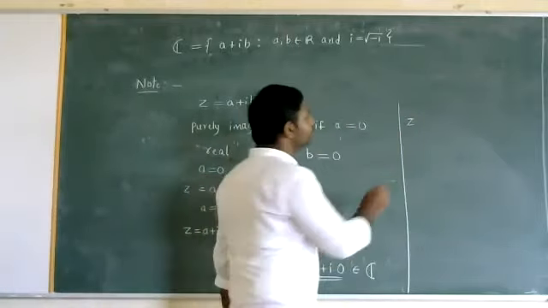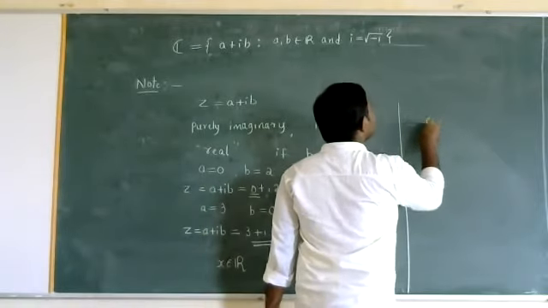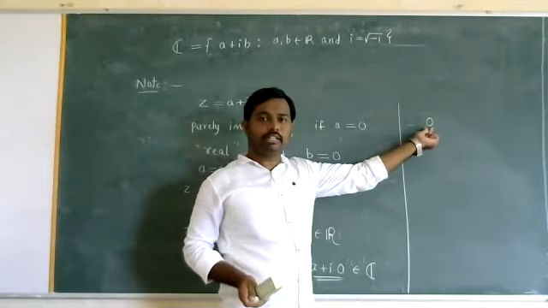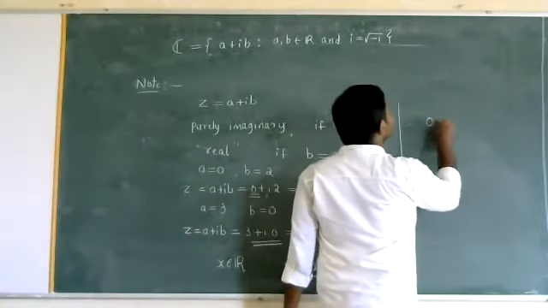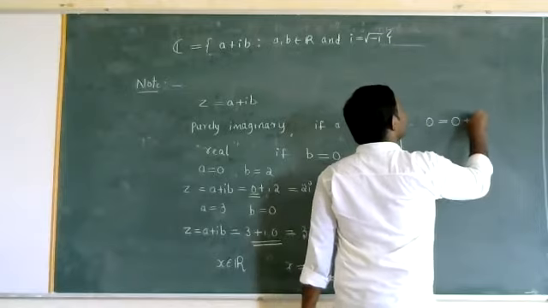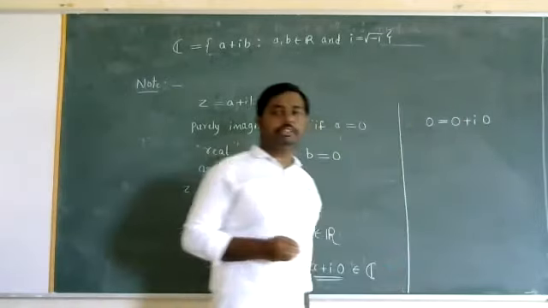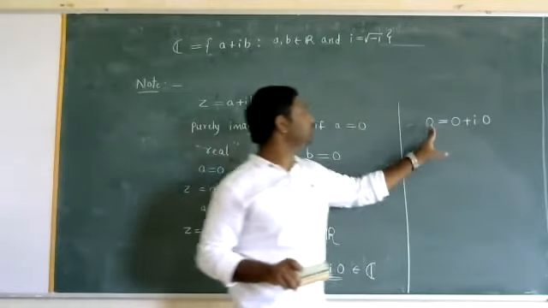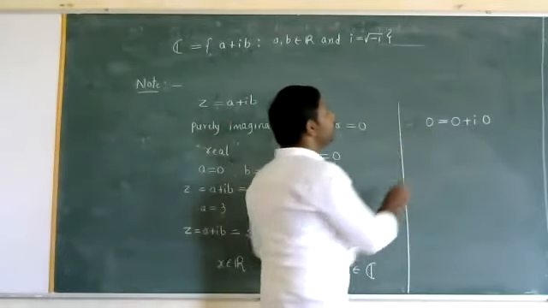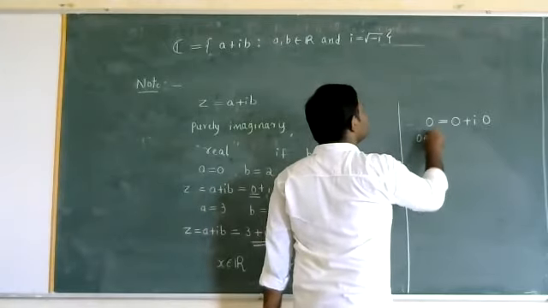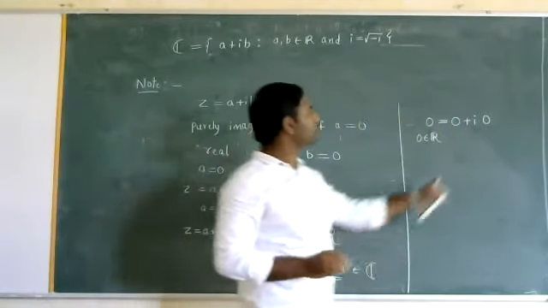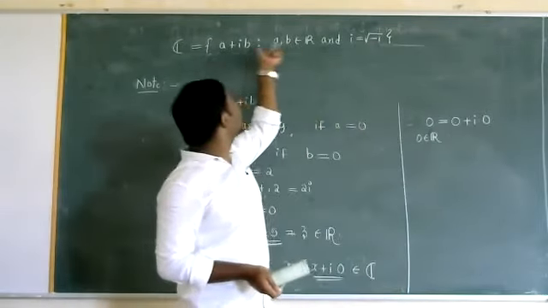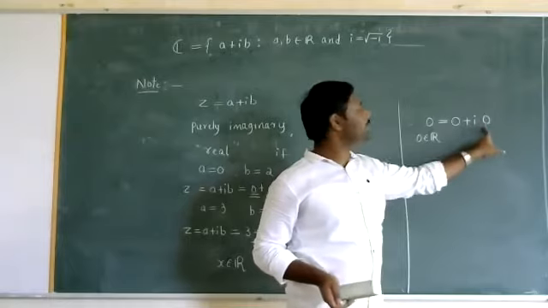Now in particular, consider the real number 0. I can write it as 0 plus i into 0, right? 0 into i is 0, and 0 plus 0 is 0. So basically 0 is a real number, and now I am writing that in the complex number form, 0 plus i into 0.